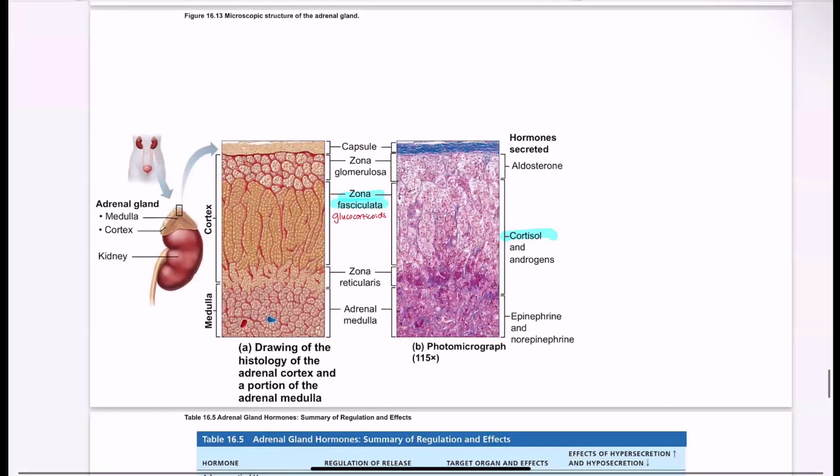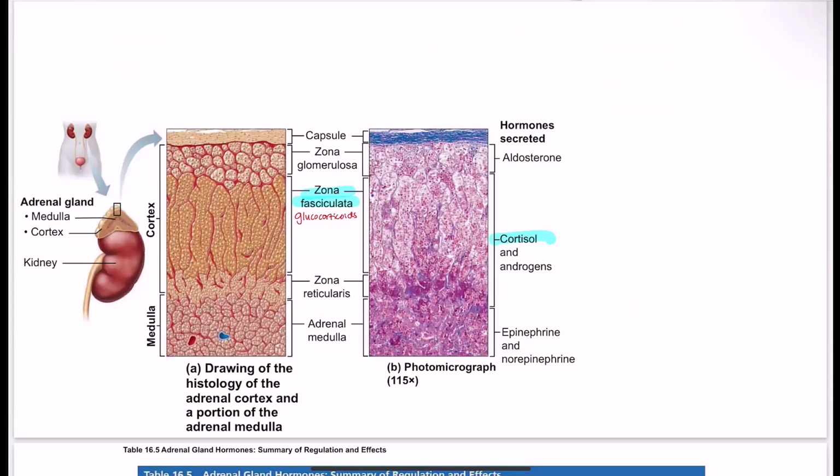So what happens here is that we have the hypothalamus, because that's the CEO of the endocrine system, right? So the hypothalamus releases CRH, corticotropin releasing hormone. That promotes the anterior pituitary to release ACTH, adrenocorticotropic hormone.